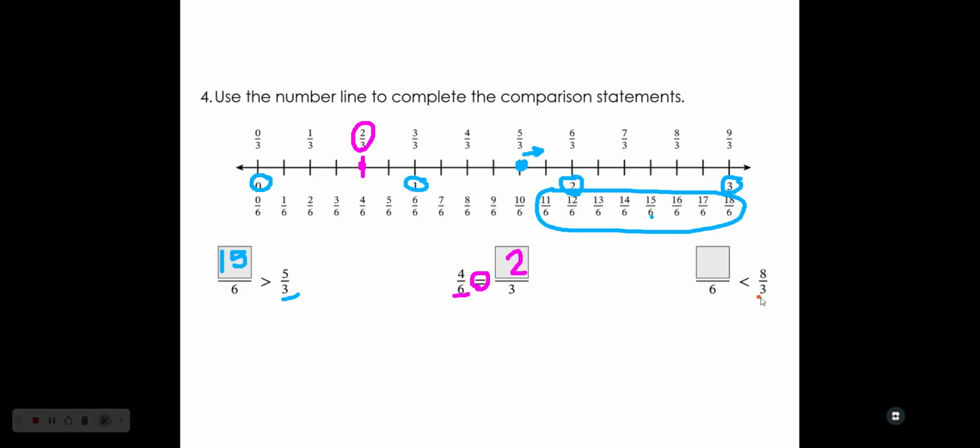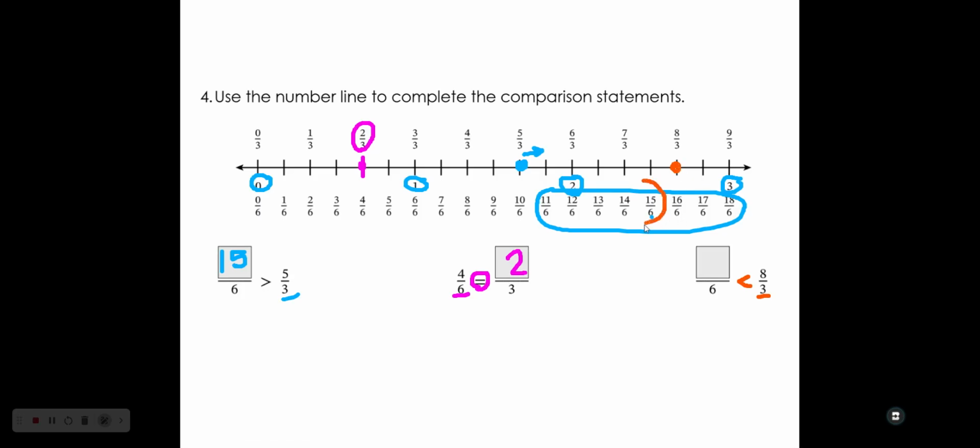I start with my completed fraction, which is 8/3. I know my thirds are at the top. 8/3 is here, so I'm going to plot it so I can find it. And I need to find one that is less than. It's telling me less than, right? And it has to be in 6. So I do not include the one that shares the same tick mark.